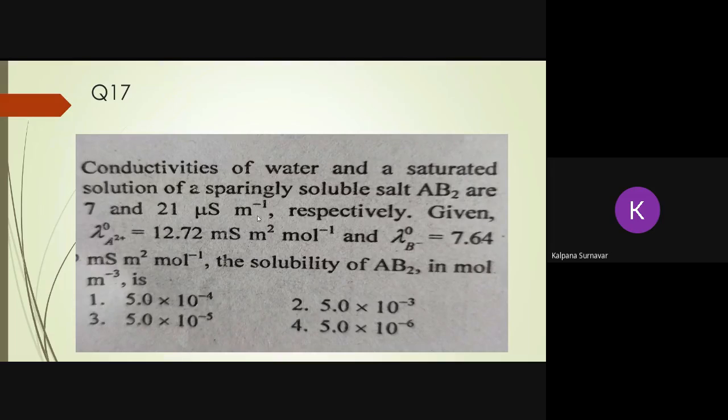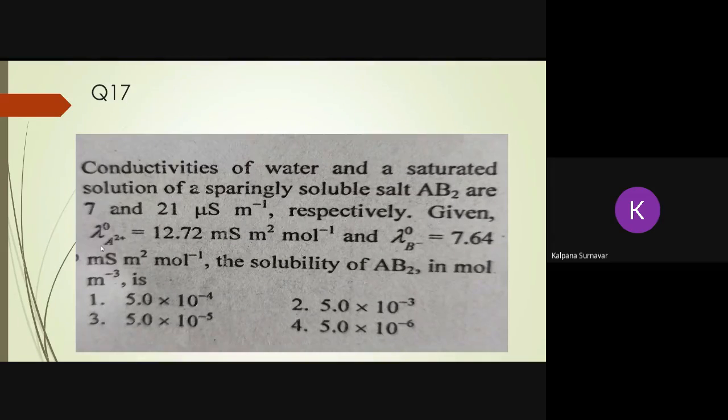Means the conductivities of water and the saturated solution are given, which are 7 and 21. The unit of conductance is the siemen, which is the SI unit of conductance. So microsiemen per meter is the unit.